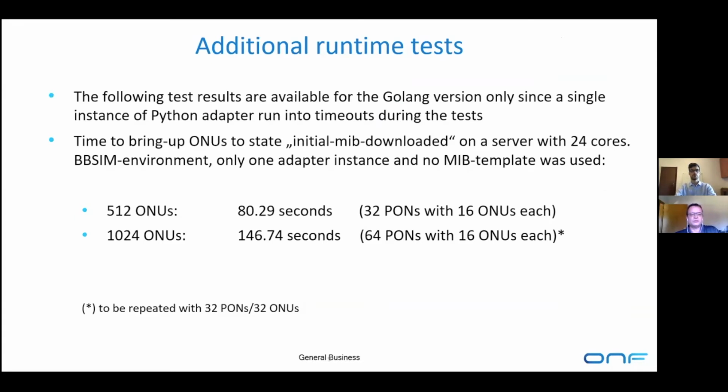It was the same test scenario as described before, and we used 24 processing cores for this test. And you can see 512 ONUs reached this described state in about 80 seconds, and 1024 ONUs reached the state in 147 seconds roundabout.